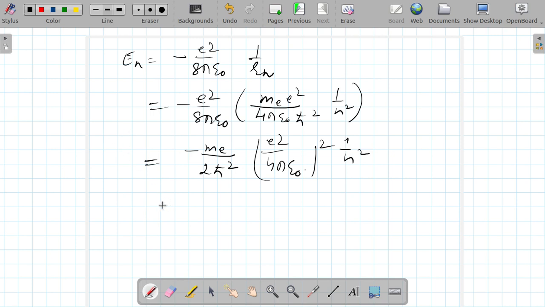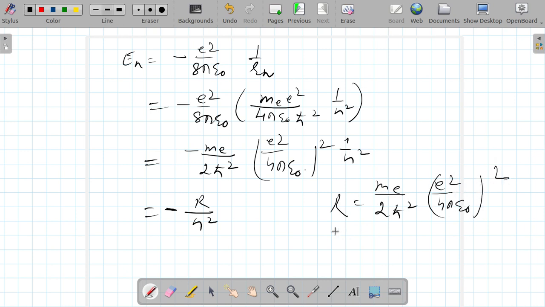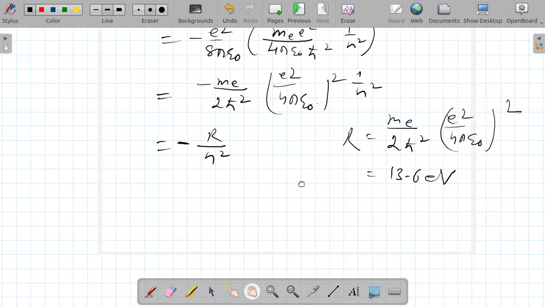And let me call it as minus R over n square, and here I have chosen that R is equal to m_e over 2 h cross square into e square over 4 pi epsilon naught whole square. And this we call 13.6 electron volt. And what is it?